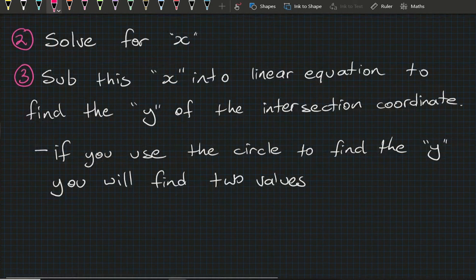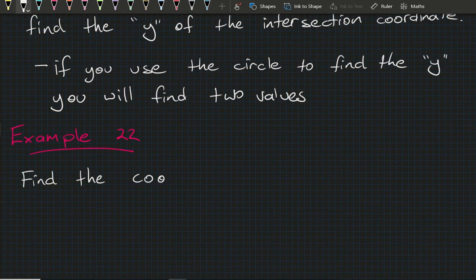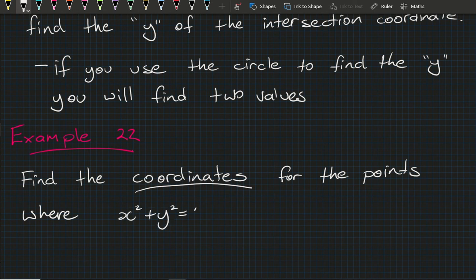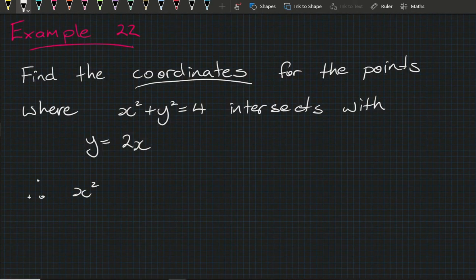Alright, let's put this into practice with example 22, where we're going to find the coordinates for the points where the circle x squared plus y squared equals 4 intersects with the line y equals 2x. And I've highlighted coordinates because you need to find the x and the y value. So to satisfy this situation, we know that whatever point we find, x squared plus y squared will have to equal 4.